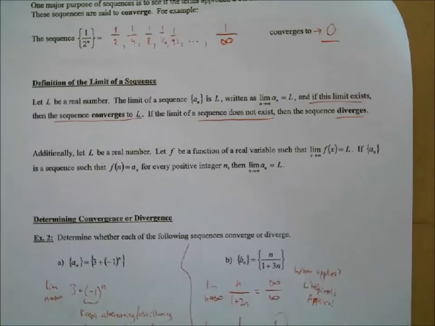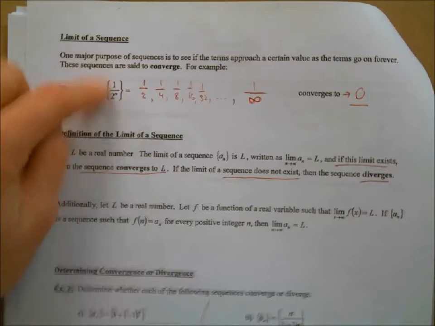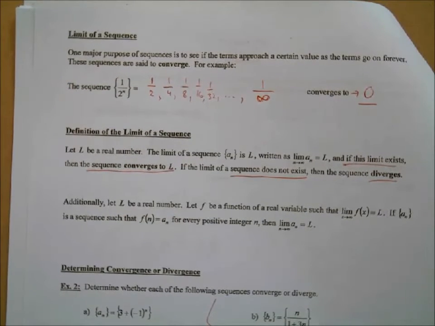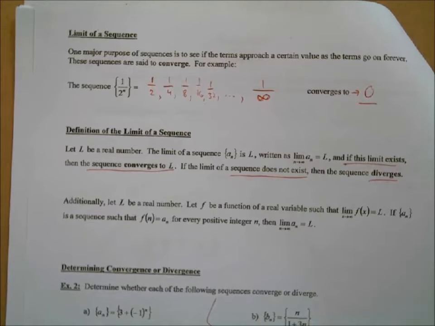You can imagine taking the limit of this 1 over 2 to the n as a function as n approaches infinity. That limit will be the same as the sequence's limit as n approaches infinity. The difference, right, is that for the function, n is all the real numbers, whereas in a sequence, n is just positive integers, so 1, 2, 3, 4, 5, 6, 7, so on and so forth.